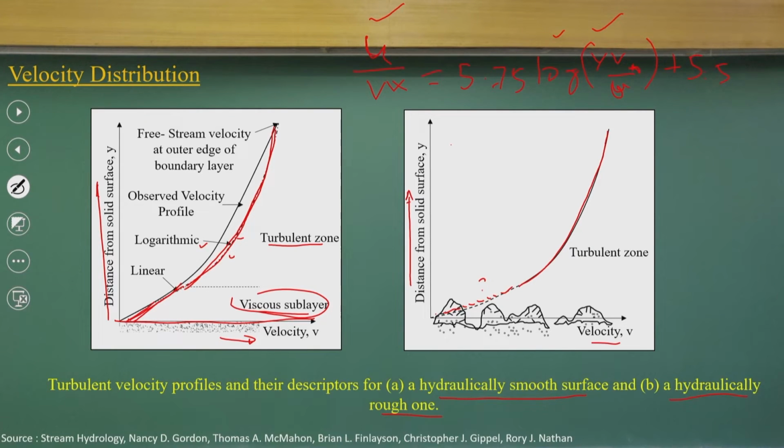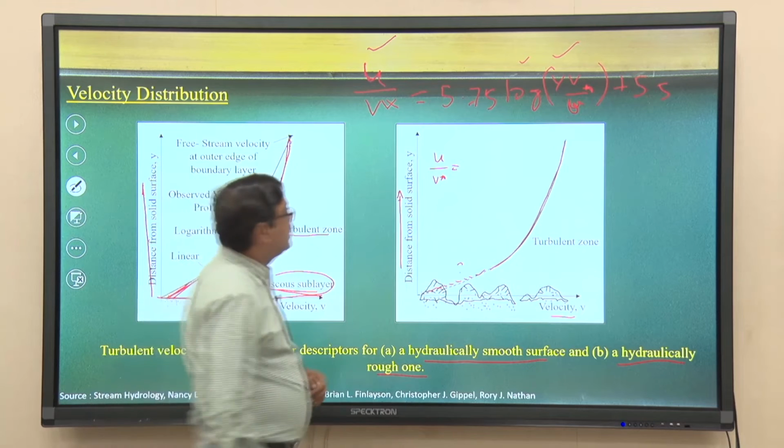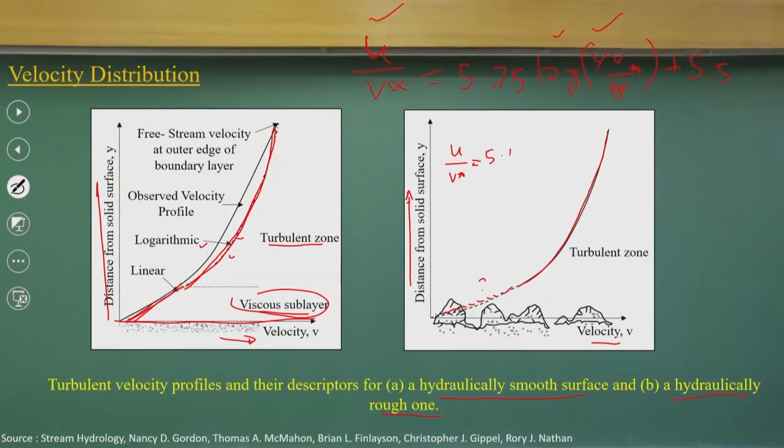If I write the velocity distribution in the same form, the ratio between the velocity at y and the shear velocity is a function of the same form: 5.75 log of y by k, the depth by the roughness height, plus 8.5.